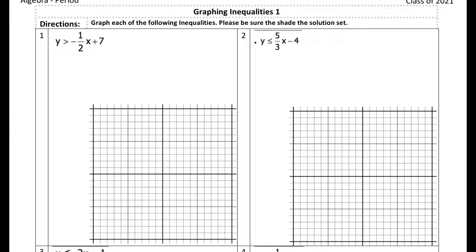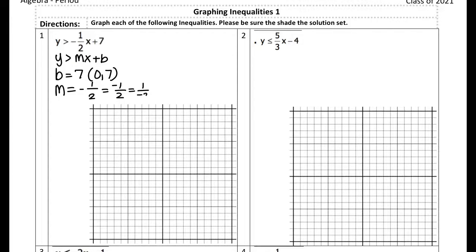So this inequality is actually written in the form y greater than mx plus b. So from this, I can pull out these pieces of information. I know b is 7, so I know the beginning point of my line is (0, 7). And my slope is negative 1/2, which I know either means negative 1 over 2, or it can be 1 over negative 2.